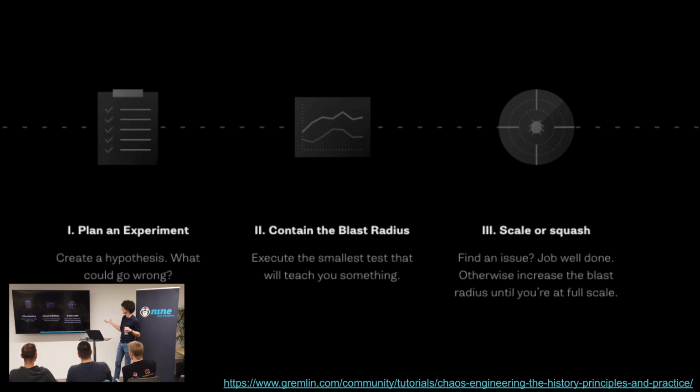And I do like the concept of planning a hypothesis, because you know what event you are going to trigger. Then you make sure that this event will at one point have some impact on your system, but you're trying to contain that. Because if, let's say, I suddenly kill all my VMs and my cluster is dead, cool experiment, you've just killed production.